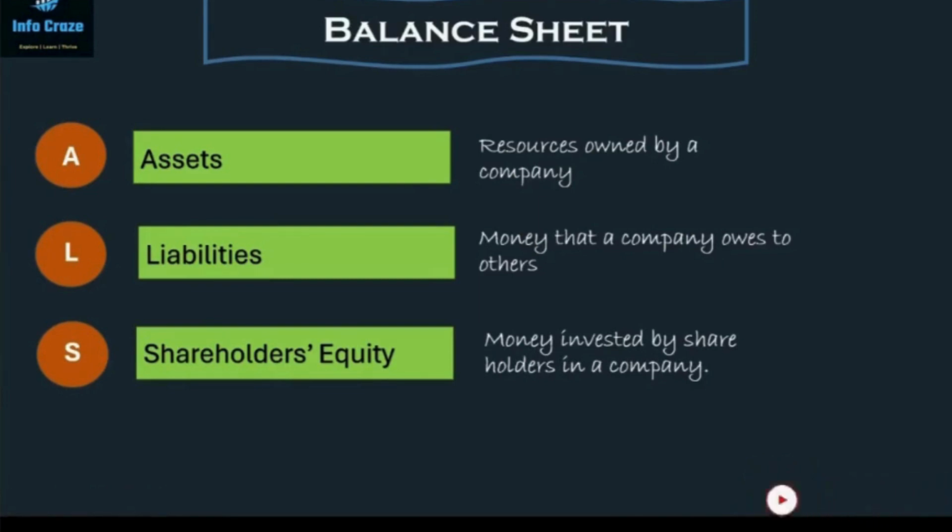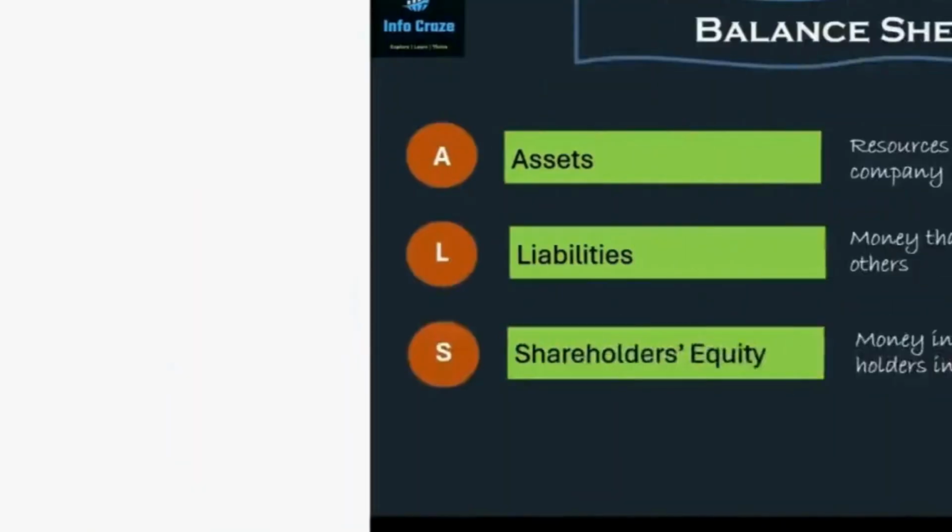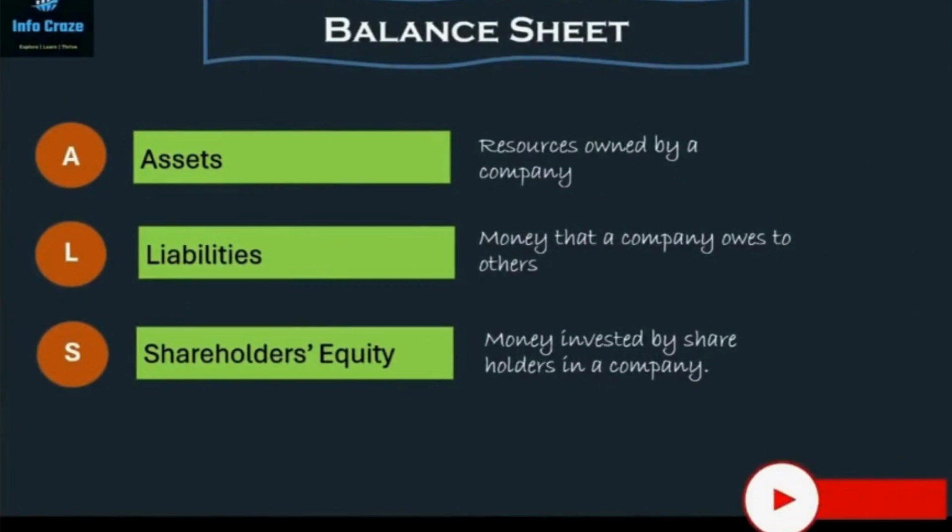So if you see, when we are talking about a balance sheet, we are always referring to a particular date. Mostly, when you are looking into the balance sheet of a company, you will find that it is prepared on the last day of the financial year. All the auditors or any other professionals normally review the balance sheet on that particular date, that is, the last day of the financial year.